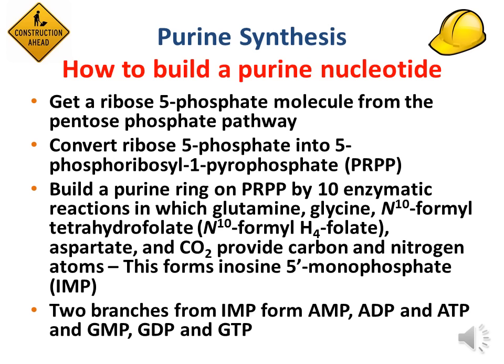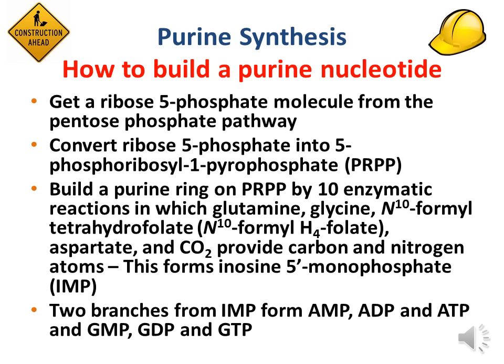So let's start with purine synthesis. This slide shows a basic set of instructions for how to build a purine nucleotide. First, you need to get a ribose 5-phosphate molecule from the pentose phosphate pathway. Then, convert it into 5-phosphoribosyl 1-pyrophosphate. This is abbreviated as PRPP, and I'm going to be calling this molecule PRPP for the remainder of the video lecture.